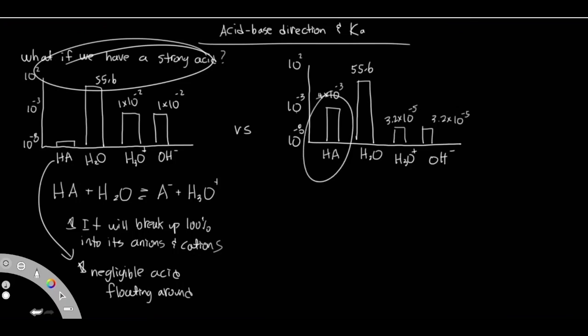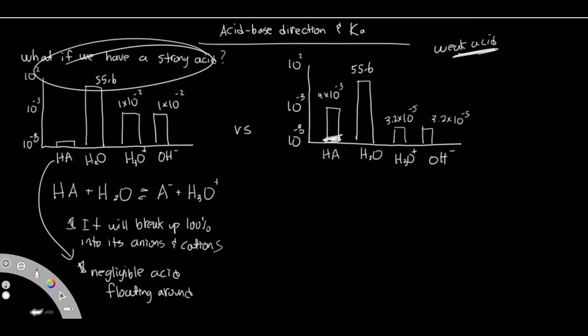But this one, again, is going to be a weak acid, being mixed with the water and dissociating. Look, we have 4 times 10 to the negative 3. Very, very small number. It's not very large. Because this is a weak acid, not a lot of ionization is going to occur. So in this one over here, you see how it's very, very small. It's all the way down here. This one, it's not.